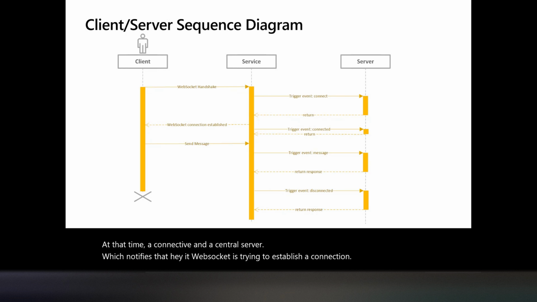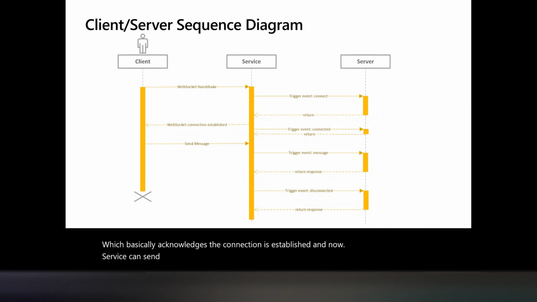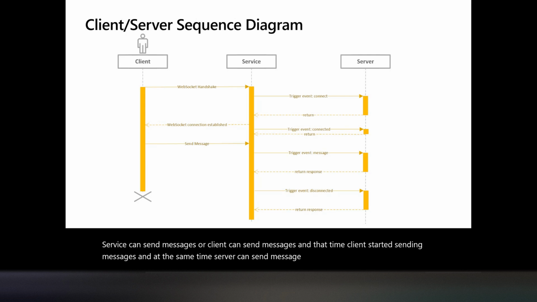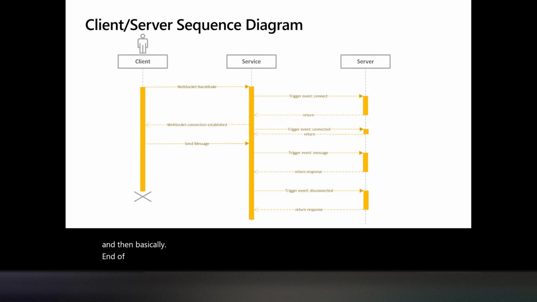Once the connection is established, a connected event is sent, which acknowledges the connection is established, and now the service can send messages or the client can send messages. At that time the client starts sending messages, and at the same time the server can send messages to the client as well. So this is the two-way communication that we talk about. And then in the end, there's a disconnection and the end of communication between client and service.